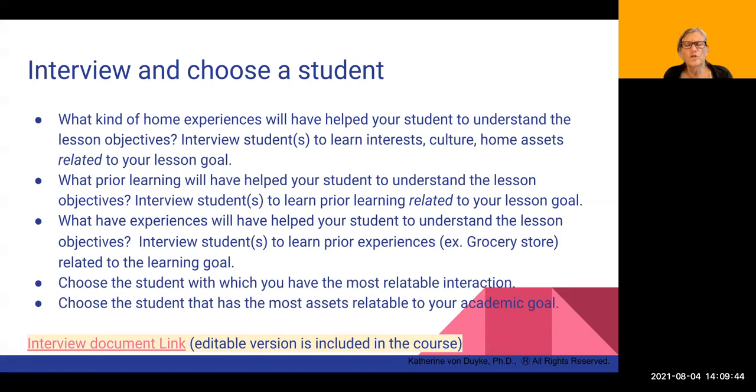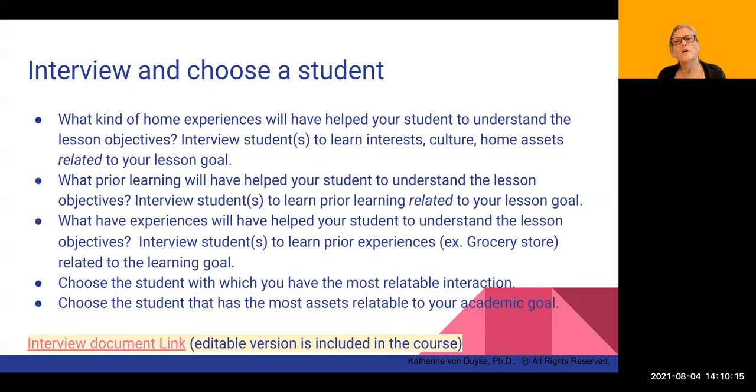But when you interview a student, you're going to want to find out what kind of home experiences have helped them to understand the lesson objectives. Now, understand that the EdTPA is primarily academic in nature. So although a student might have an IEP that's based on behavioral considerations, the EdTPA might be based on a standard requirement and not on any of those behavioral objectives at all, although you'll put that in there.